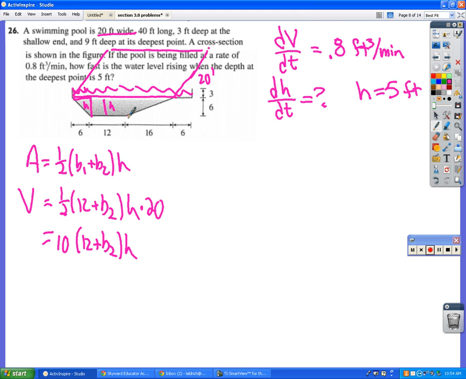Over here, since this piece is 16 and this height is 6, what's the relationship between how much this distance is and the height?